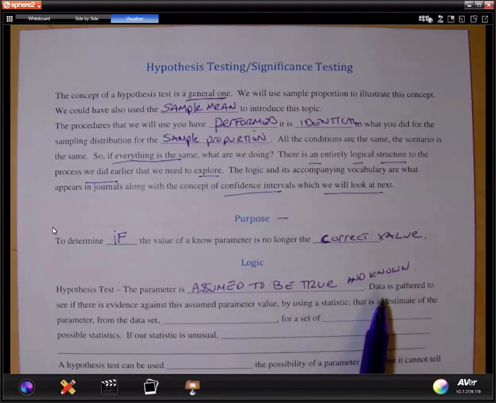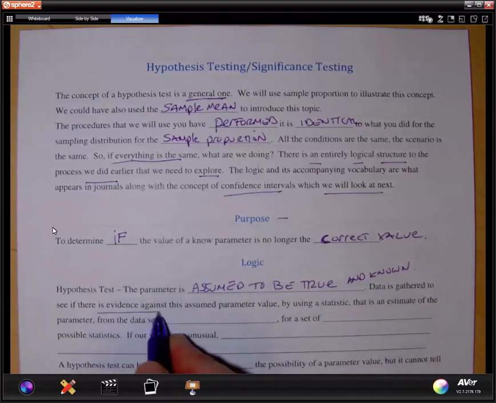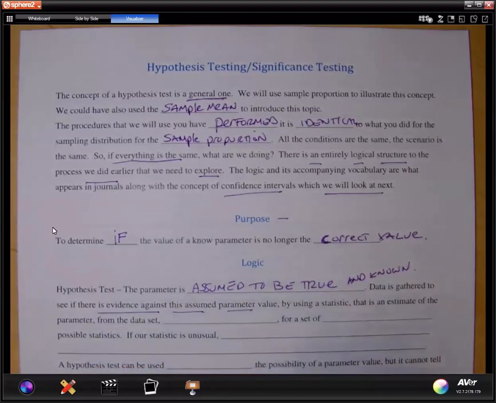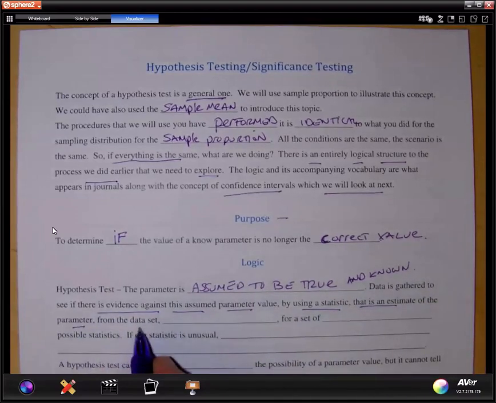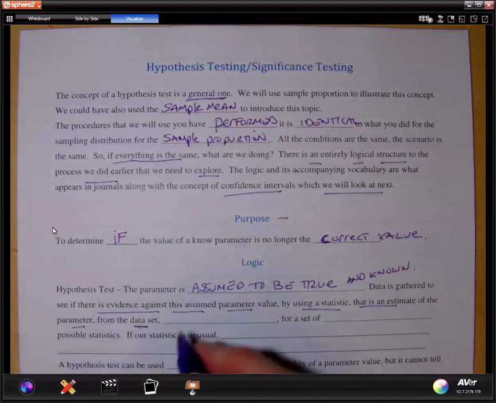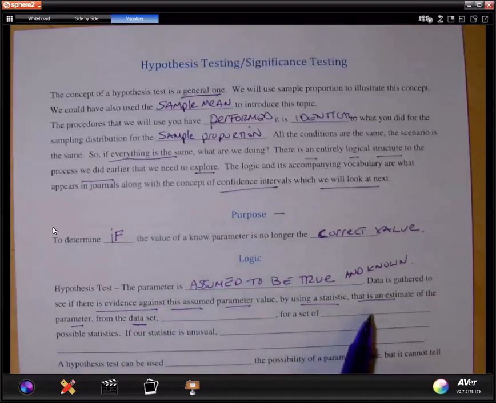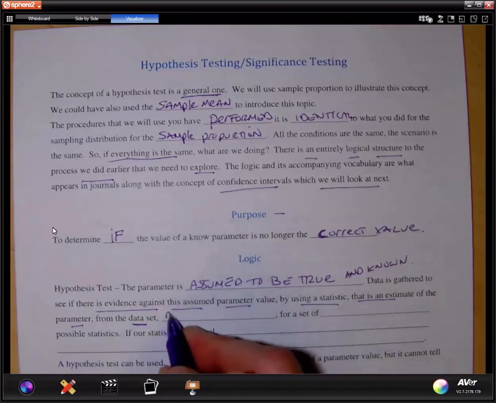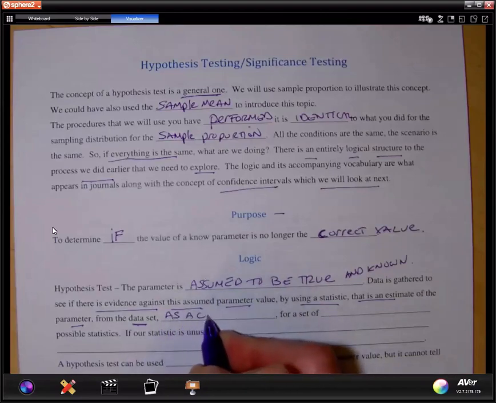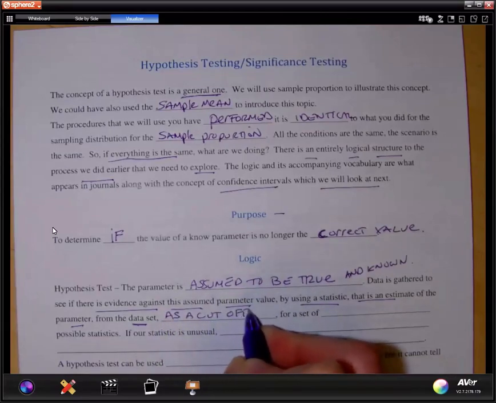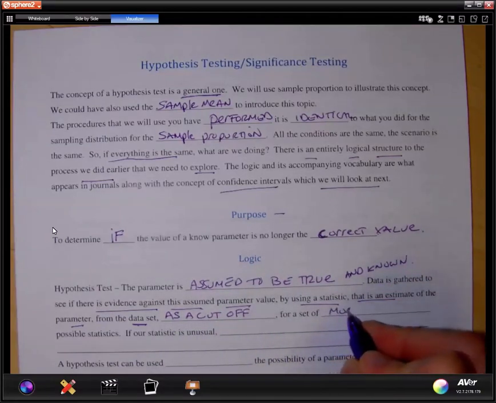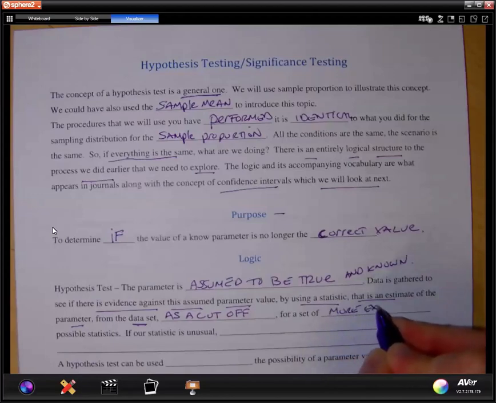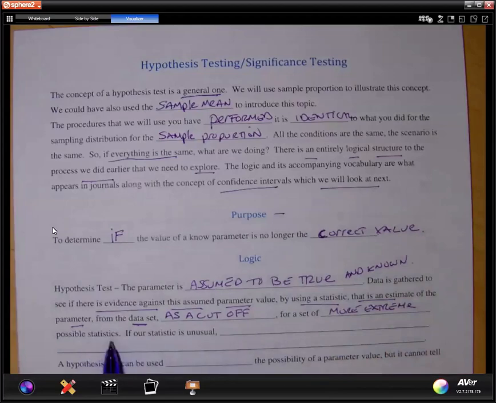So again, we start out with this thing called a parameter, which is a known and assumed to be true value. Data is gathered to see if there's evidence against this assumed parameter value by using a statistic that is an estimate of the parameter from the data set that we collect. Okay? And what we're going to do is use that value, this estimate, as a cutoff for a set of more extreme possible statistics.